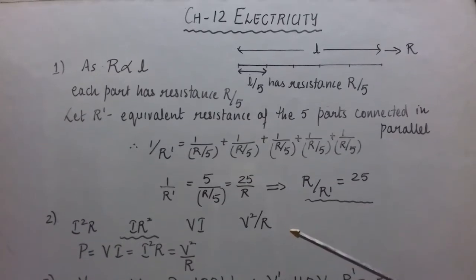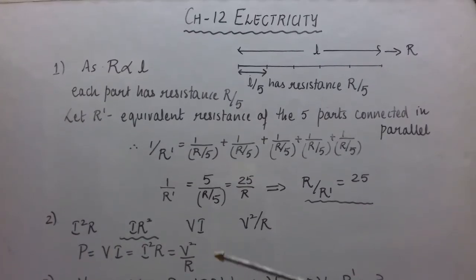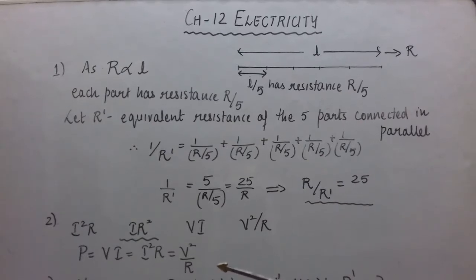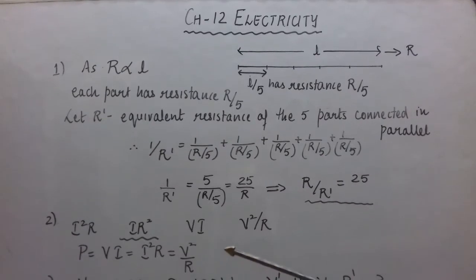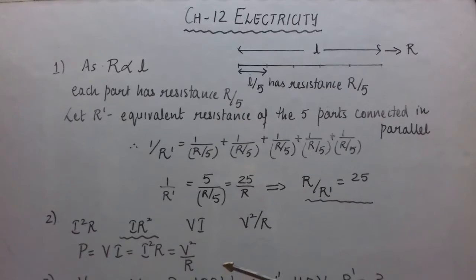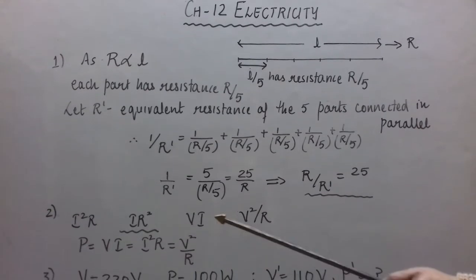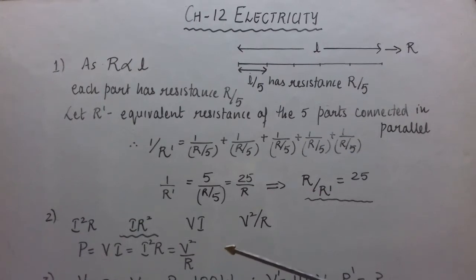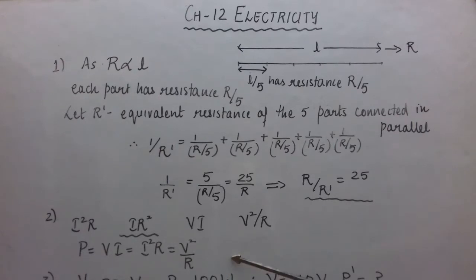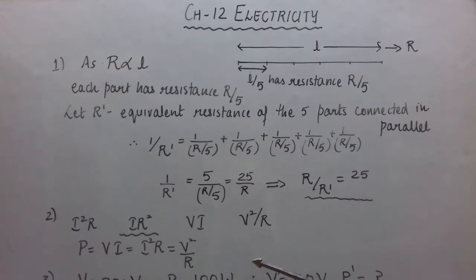We know electrical power P is given by P is equal to VI. You know this formula. And using Ohm's law, that is V is equal to IR, using the mathematical expression of Ohm's law, we can easily show that P is equal to VI is also equal to I square R is also equal to V square over R. Here we have just used the formula V is equal to IR and we have got these 3 expressions.